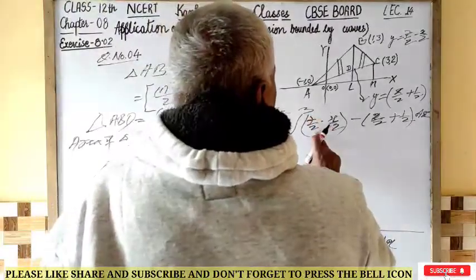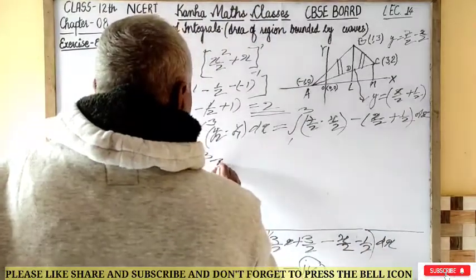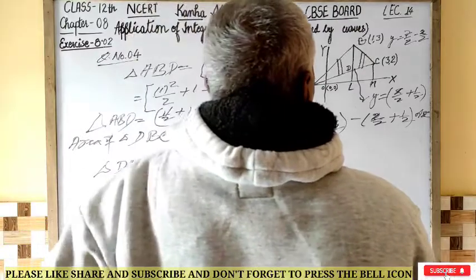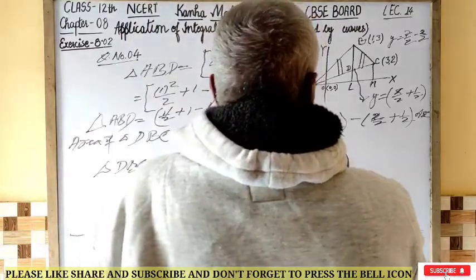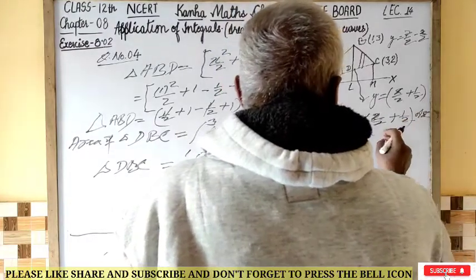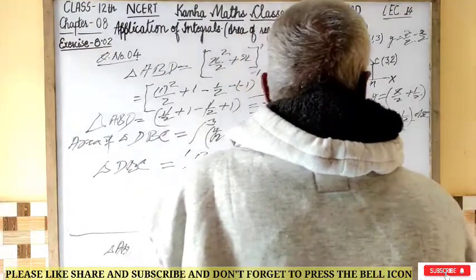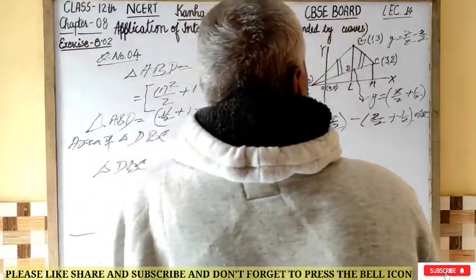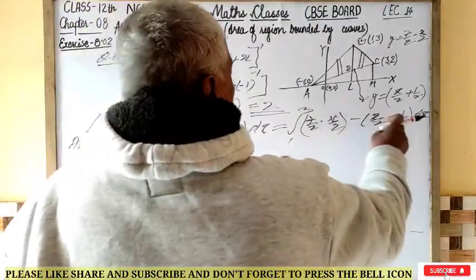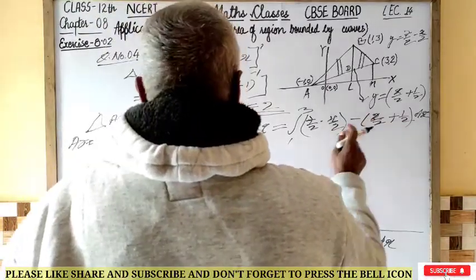Here 7 by 2 minus 1 by 2 means 3, and minus x by 2 minus x by 2 will cut each other.